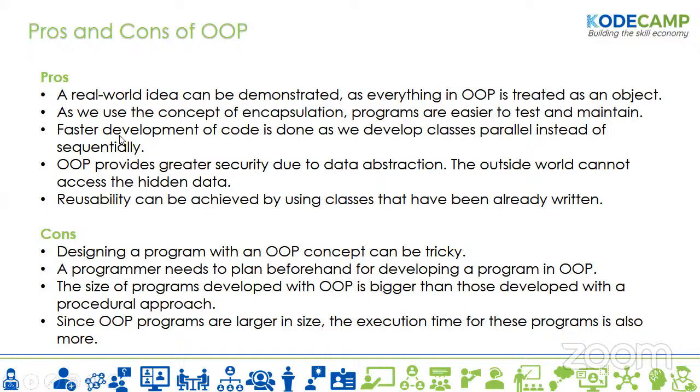The next is fast development of code, which is done as we develop classes in parallel instead of sequentially. So here, just imagine that I am to build a class, maybe an authentication model. And Prosper is to build a class that has to deal with onboarding people, so creating a user account and all that.